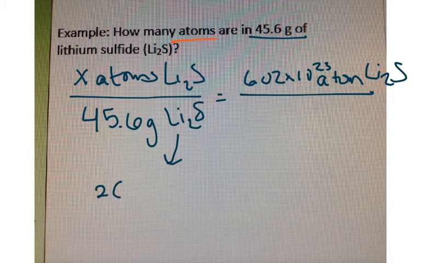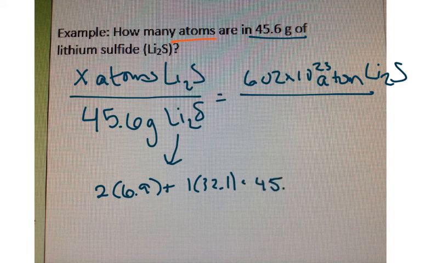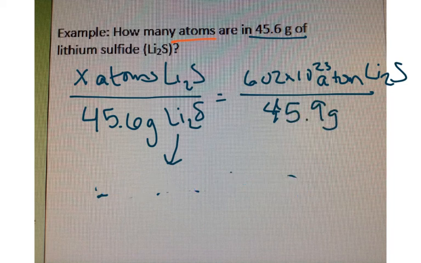It's 2 times lithium's molar mass of 6.9, and I have 1 sulfur, which has a mass of 32.1, and I multiply that out, and I get 45.9 grams. So the molar mass of lithium sulfide is 45.9 grams.